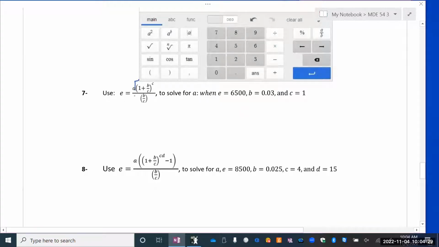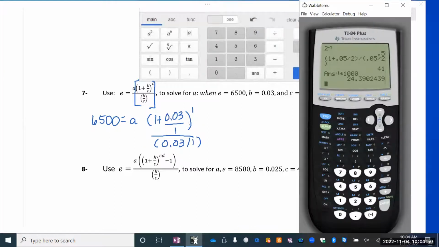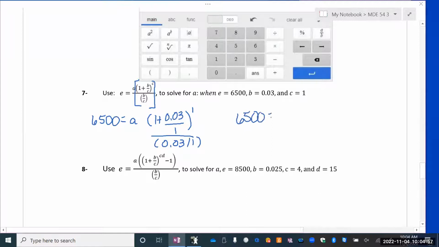So I always like, if I'm solving for A, to just separate it out. So 6,500 equals A, 1 plus 0.03 divided by 1, to the 1, divided by B divided by C. So in the step-by-step method, you could do the entire top first, this piece. So I could get 6,500 equals A, 1.03 divided by 0.03.